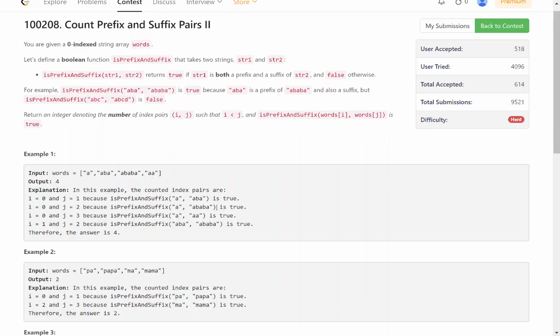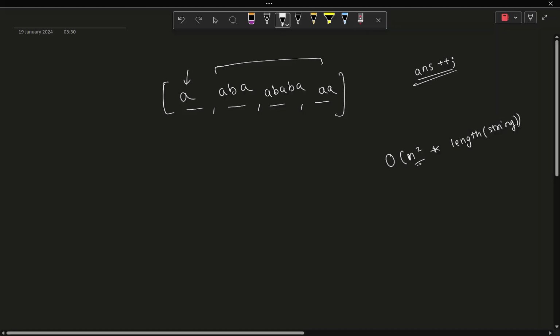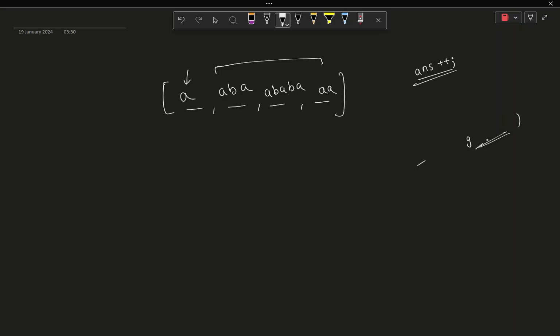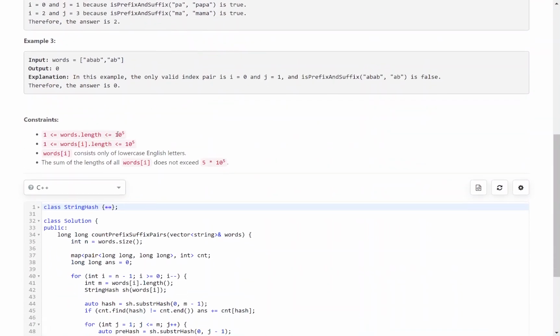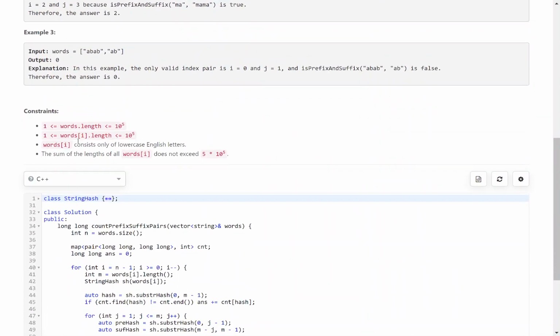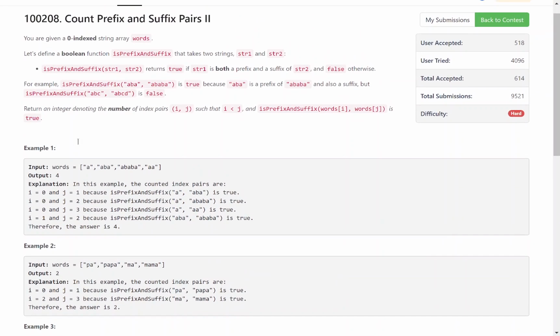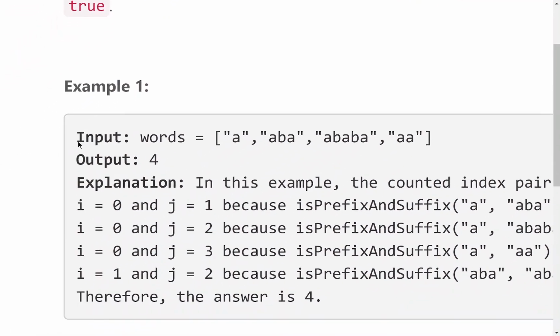There the length of the array was very small and the length of the strings could also have been very small, so it was not really a problem for us. But here the constraints are very large, so we can't really do it in that way.